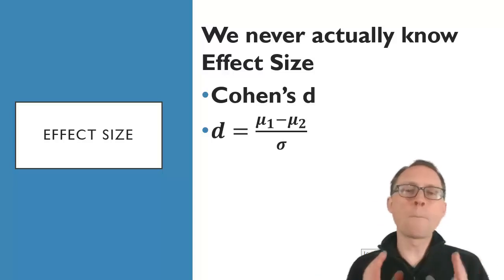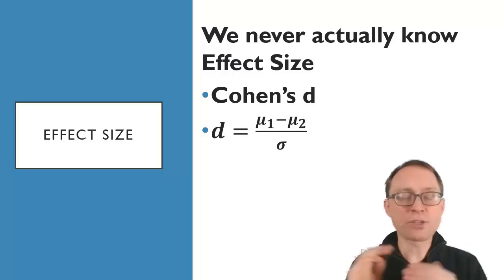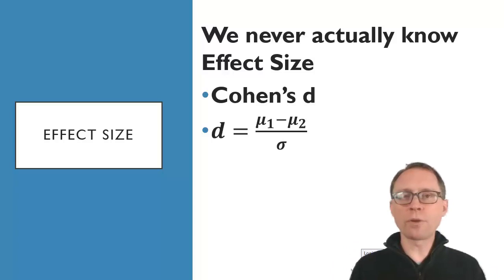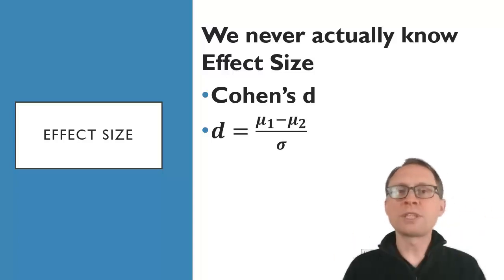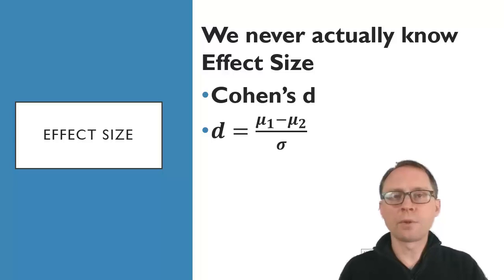So I don't know how much my love potion is actually going to make people fall in love. So let's say that instead of measuring whether or not my love potion works based off of whether you're in love or out of love, that's a binomial, instead, we're going to do it in a continuous way. That is, let's say we're going to rate your love on a scale from 0 to 10. Okay?